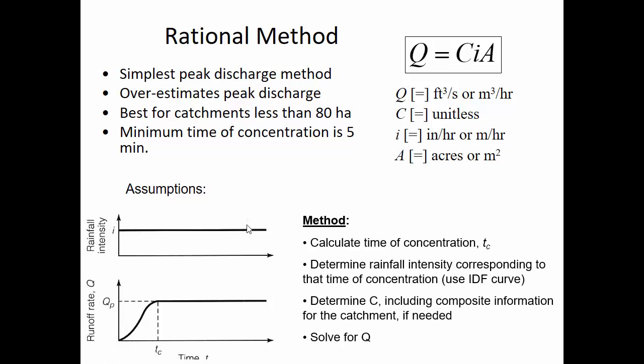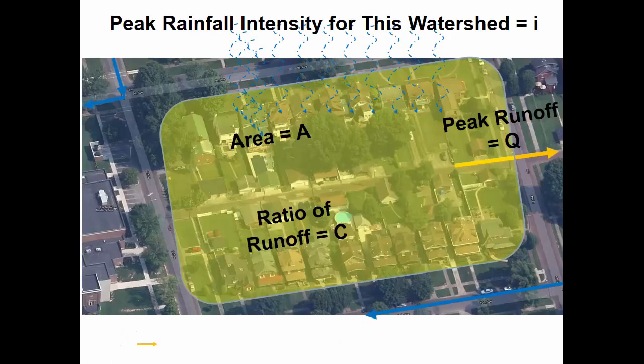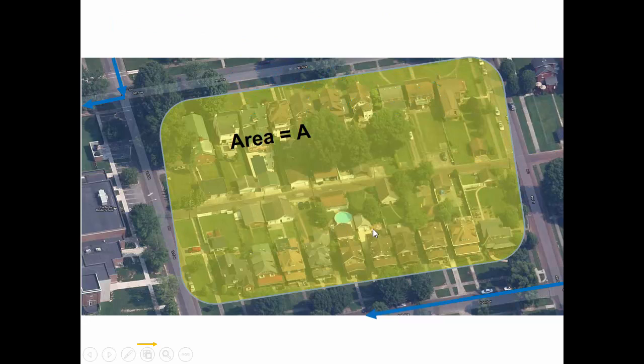And so the procedure that we'll follow when we use the rational method is, first of all, to estimate or calculate how long it takes for the water to travel over the surface. So back to this image. When we picked our contributing area, we said this is the area that all of the water goes to a single point.